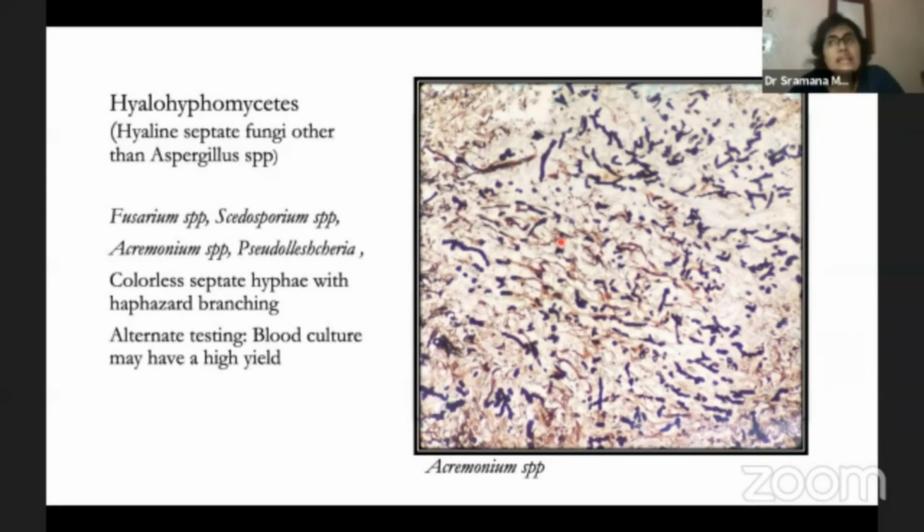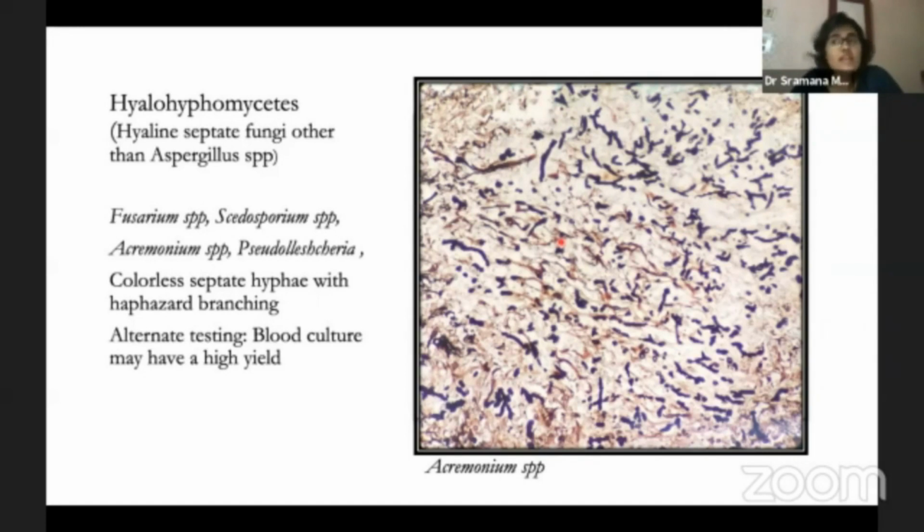So it is very important that in a histopathology report, we do need to mention that we are seeing hyaline septate branched fungal hyphae, but you should not straight away render something like consistent with aspergillosis, because hyalohyphomycetes are very close morphological mimickers, and in certain situations, if you do not get an intact specimen, if you get a liquid specimen, you do not get to see the radial growth pattern.